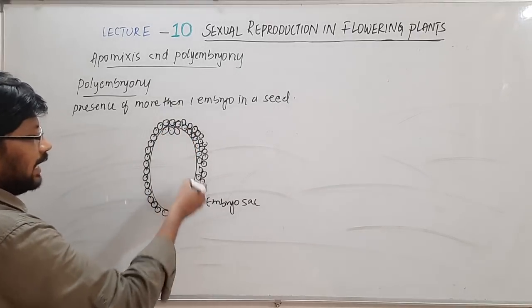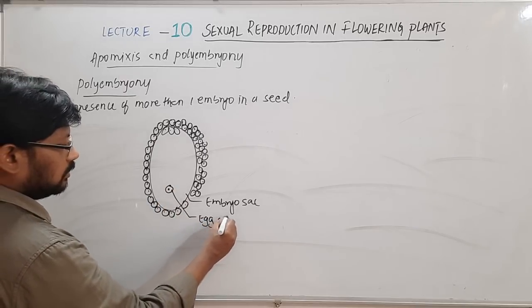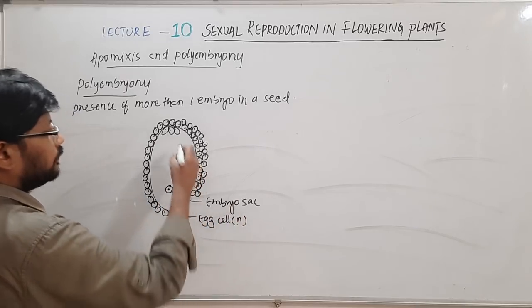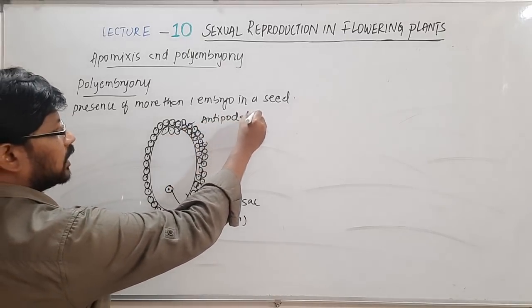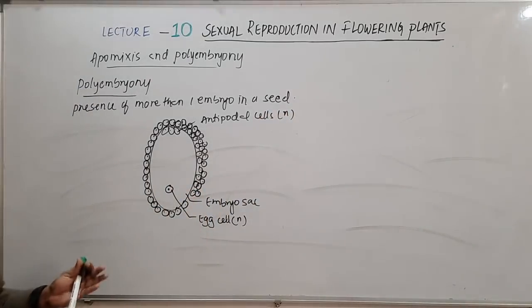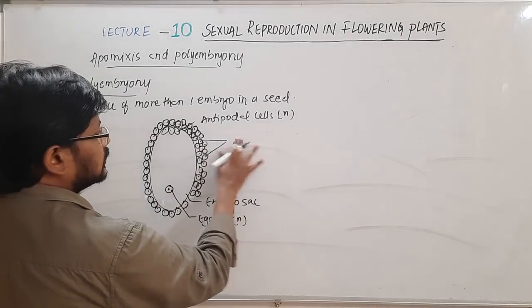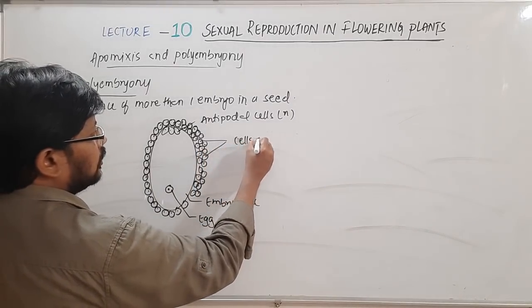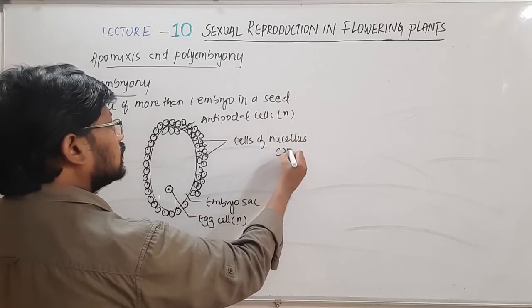The egg cell here is also haploid, and these antipodal cells are also haploid. I'm not drawing the other structures. These are all the cells of the nucellus, and these are all diploid.